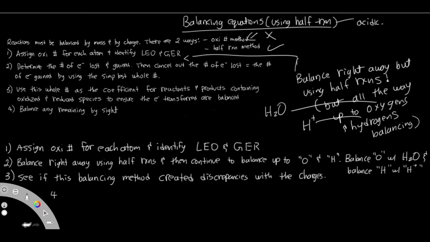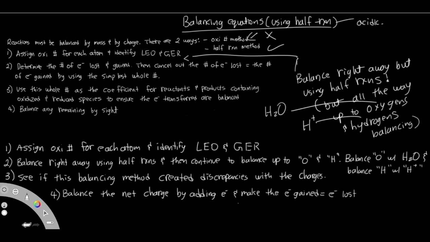So step 4, you need to balance the net charge by adding electrons and make the electrons gained equal the electrons lost.